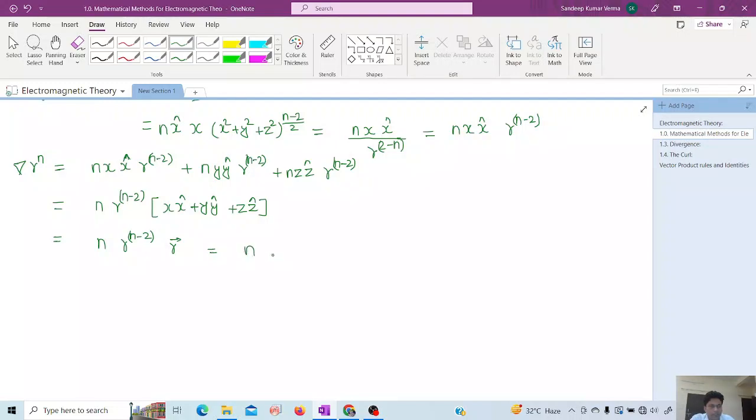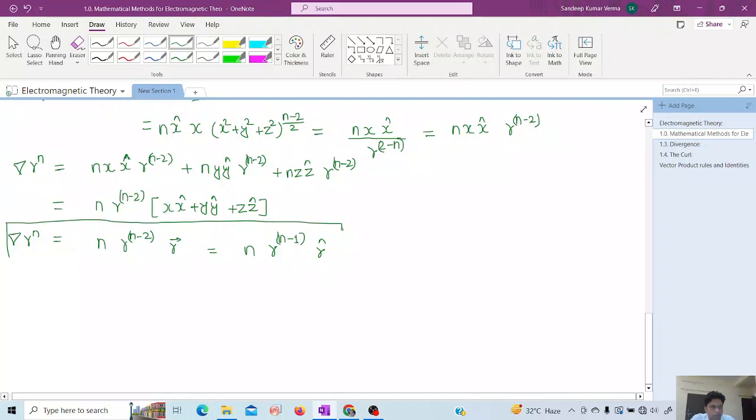So this will be n r to the power n minus 1 into r cap. So both are correct. If you want to write any one, you can write.